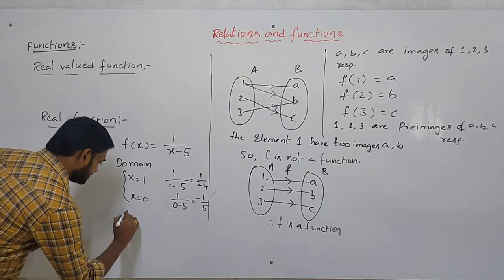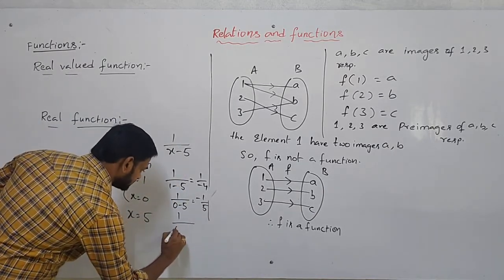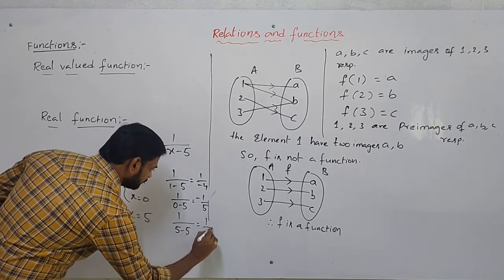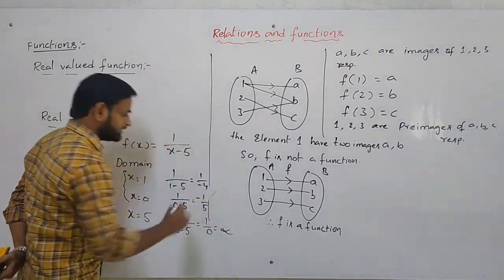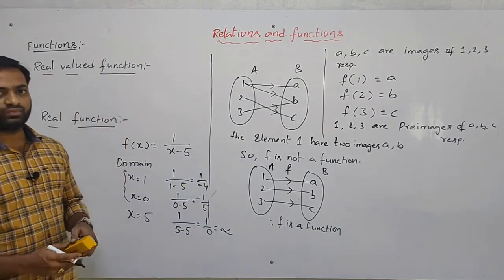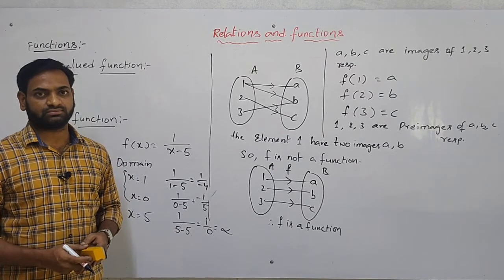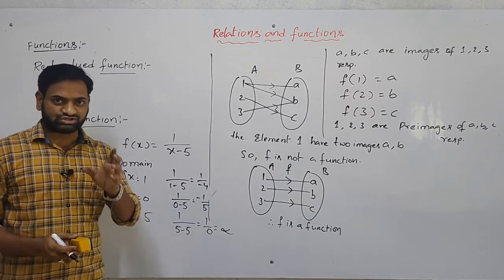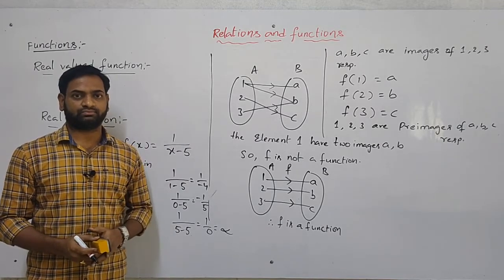But if I take x equal to 5, substitute: 1 by 5 minus 5, 1 by 0. Something by 0 is not defined. The function is going to be not defined. When the function is not defined, don't take that value.